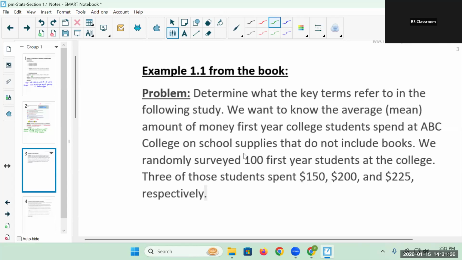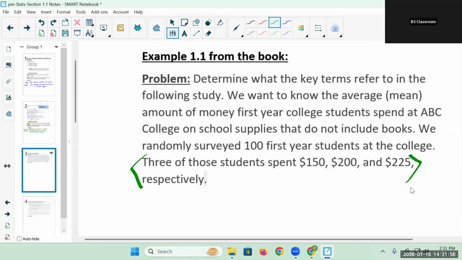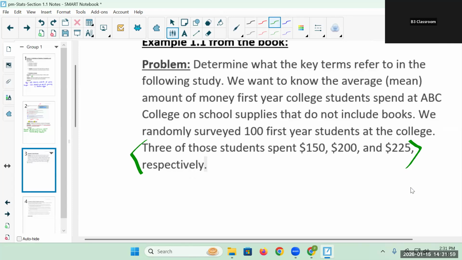So because I'm not asking you any other questions except for population, sample, parameter, and statistic, I'm going to say this is extra information. I'll talk about it after we answer what is the population, the sample, the parameter, and the statistic, okay? So it says we want to know the average amount of money first-year college students spend at ABC College on supplies, not including books.